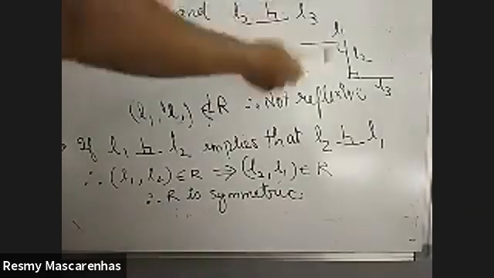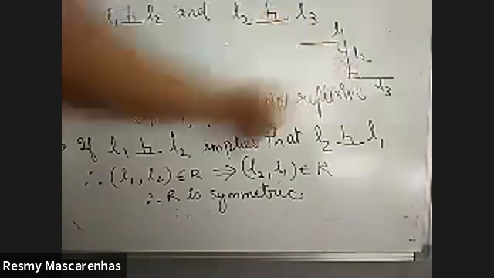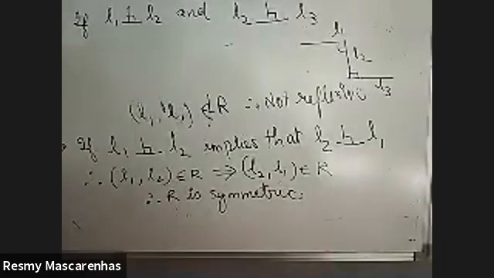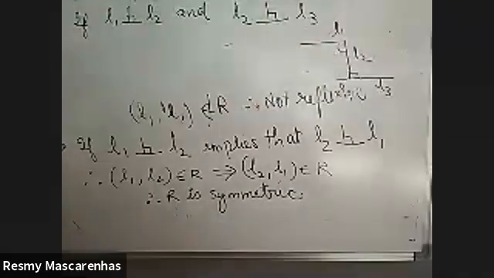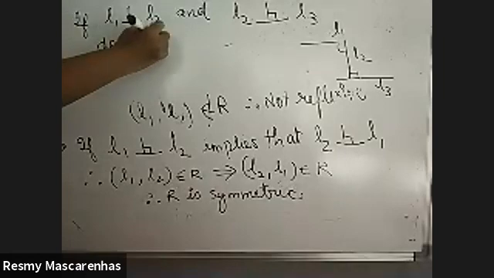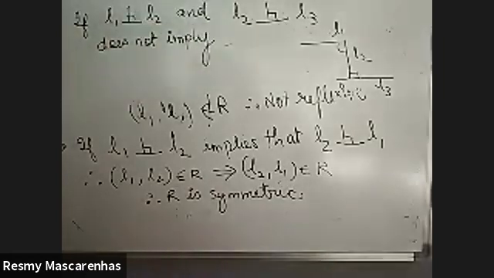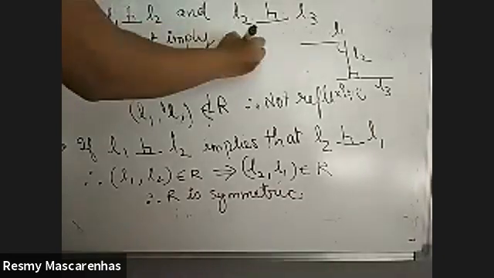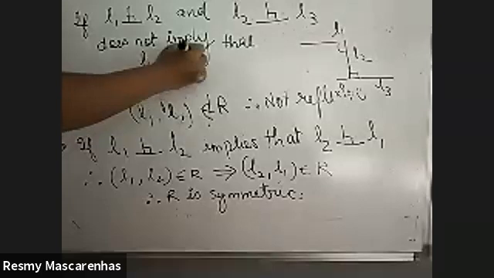Now it should hold true for L1 and L3. But are L1 and L3 perpendicular? What is happening? If you see, L1 and L3 become parallel. So you have to say, does not imply L1 is perpendicular to L3.